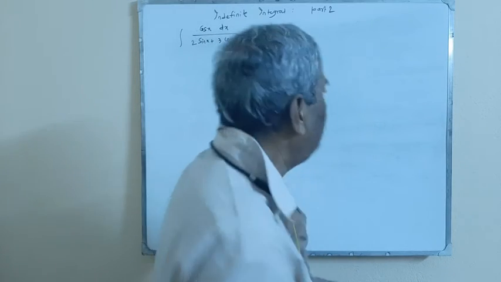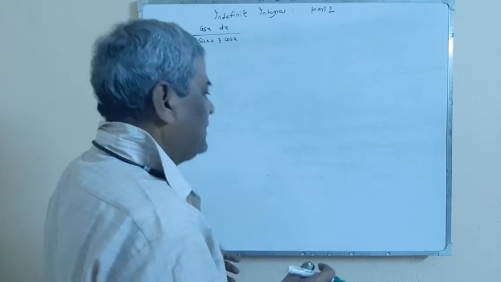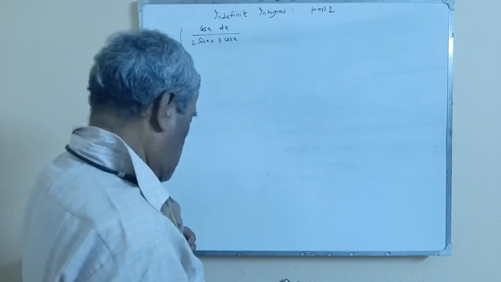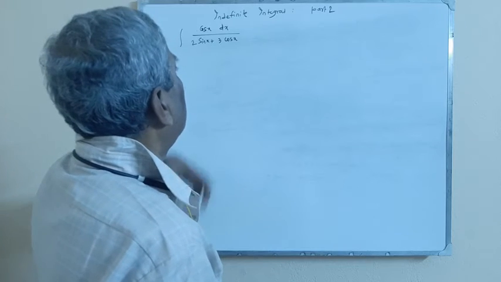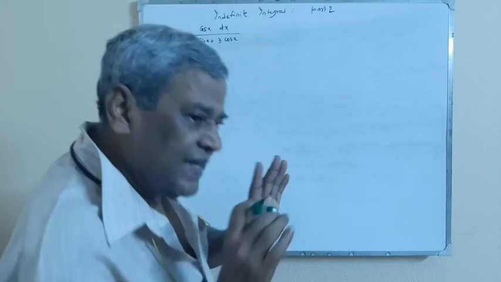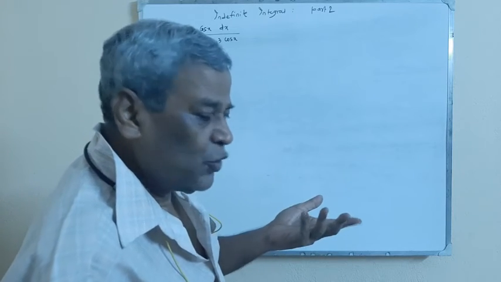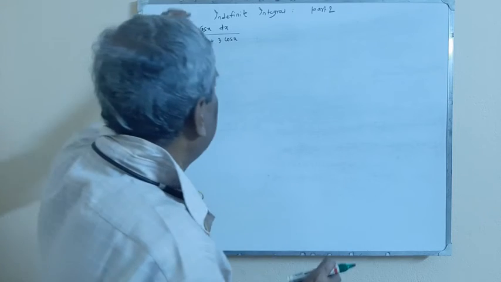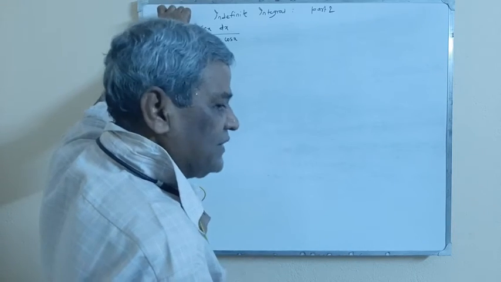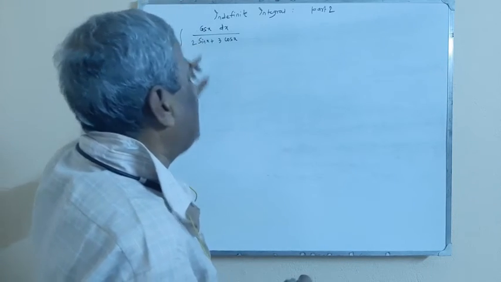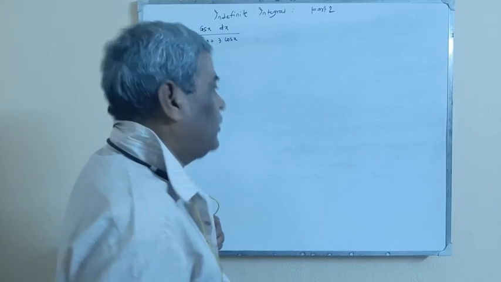It is of the form, in the numerator, linear in sin x and cos x. Here the coefficient of sin x is 0. So it is linear in sin x and cos x in the numerator, and linear in sin x and cos x in the denominator also.